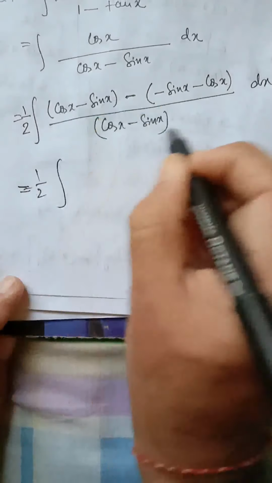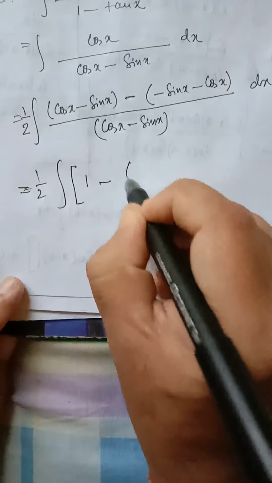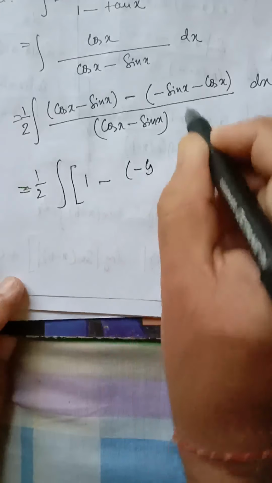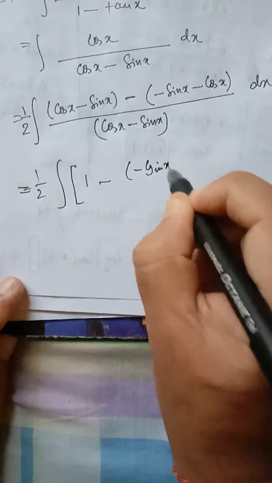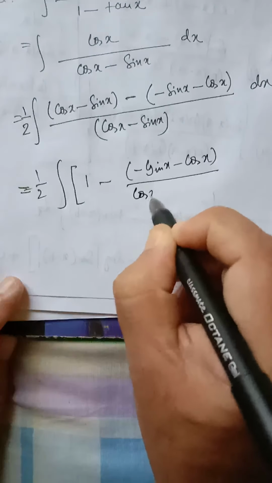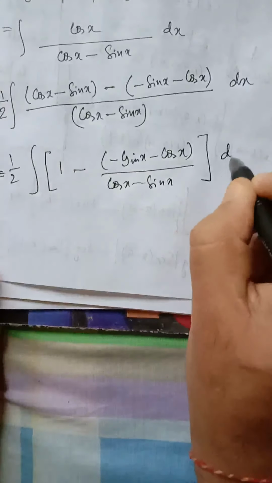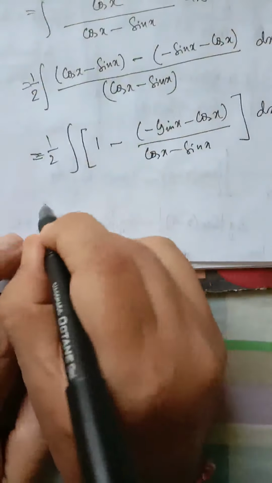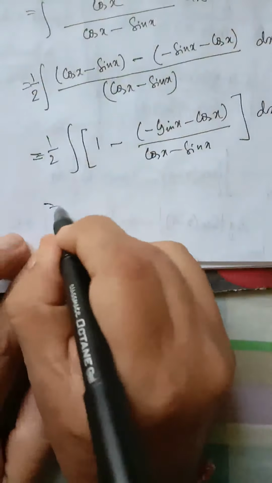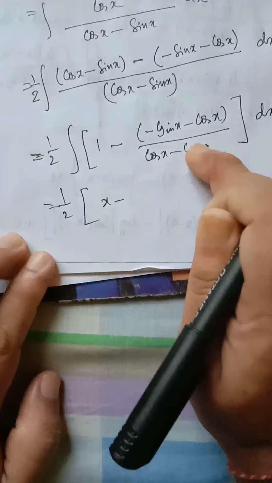Next, half into cos x minus sin x by cos x minus sin x is 1, minus of minus sin x minus cos x by cos x minus sin x dx. So half into, now integration of 1 is x, minus, you can say derivative of cos x is minus sin x, minus derivative of sin x is cos x.